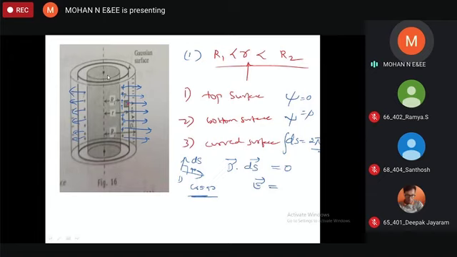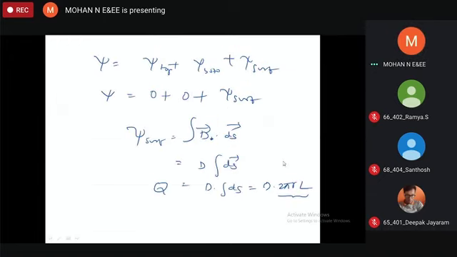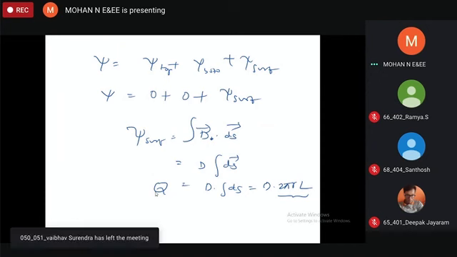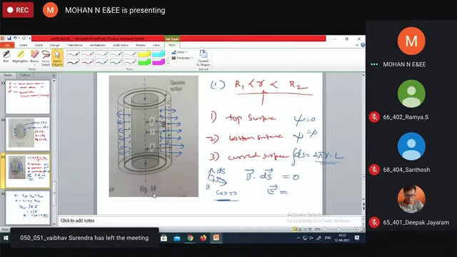Therefore, no flux crosses through the top surface or the bottom surface. Eventually you will have flux passing through the curved surface only. Next, let us come back to the next discussion, as we are not completed yet.